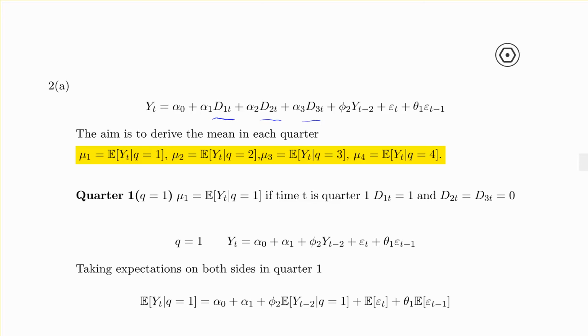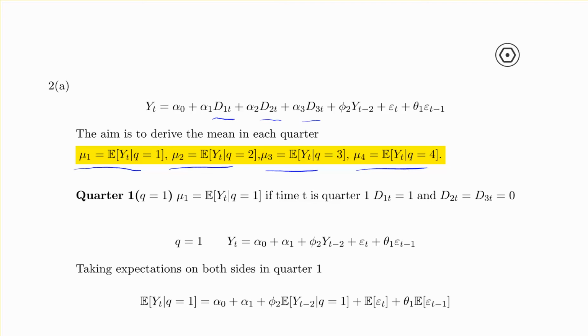Okay? So we can see then the mean may vary if alpha 1, alpha 2 and alpha 3 don't equal naught in different quarters. So the aim is to derive the mean in quarter 1, the mean in quarter 2, the mean in quarter 3 and 4. We saw for example in sales data, say wine or retail sales, the mean in quarter 4 tends to be much, much higher, around Christmas, than the mean in quarter 1.